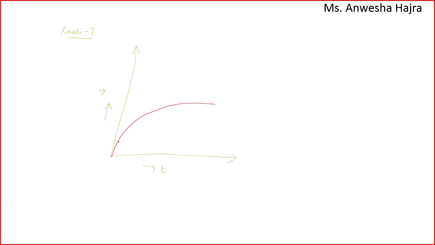The slope gives us acceleration. At this point, this is my slope. See, the slope is decreasing. The angle is decreasing. The slope is decreasing. Theta 3 is less than theta 2. Slope is decreasing.